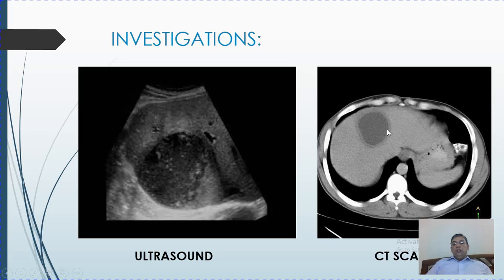See here on CT scan, look at this double layer, whereas when we were looking at a simple cyst, it has a simple well circumscribed boundary, but you can see here there is a thickish wall. There are two layers actually, and on ultrasound you can see that there are different echoes. It is multi-echoic.